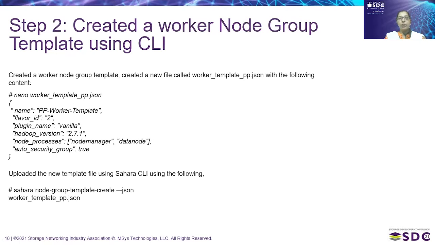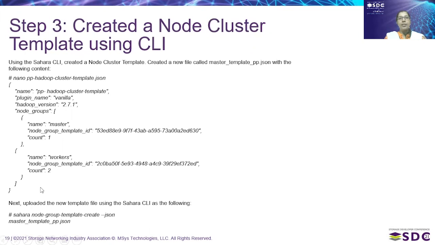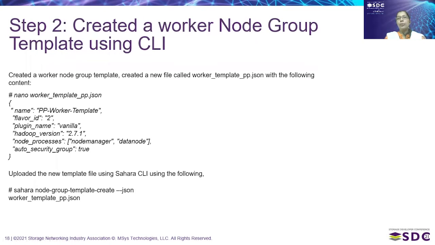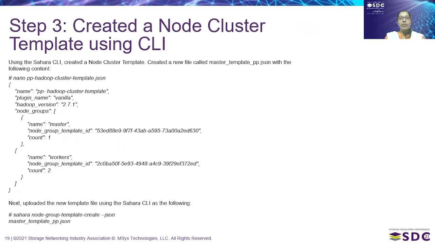Again, a worker node group template has to be created with the same CLI command. Using the worker node group template and the master node group template, we should create a cluster template. In this JSON file, we provide as input the previously created master node group template and worker node group template.